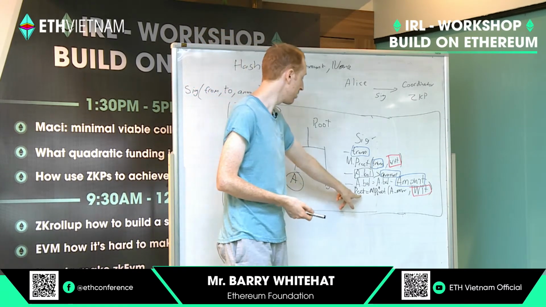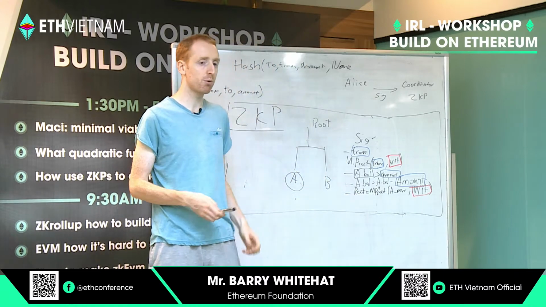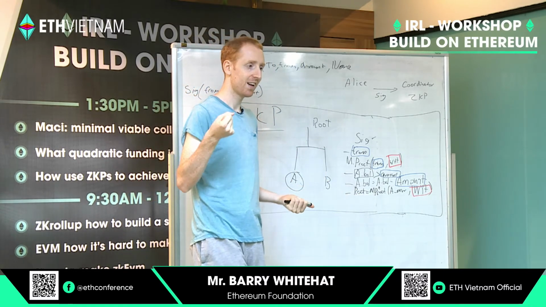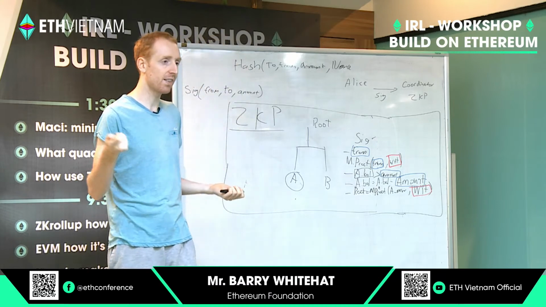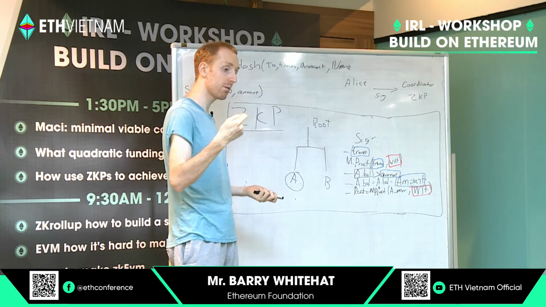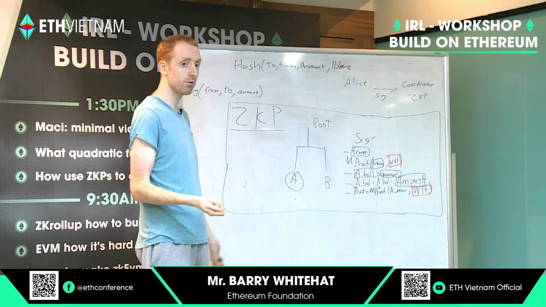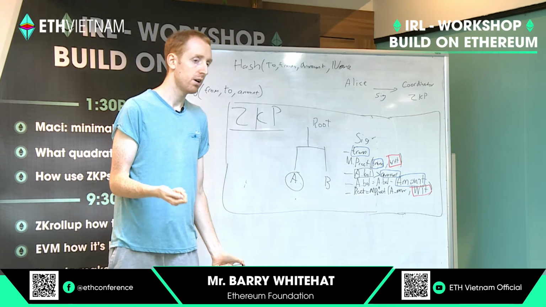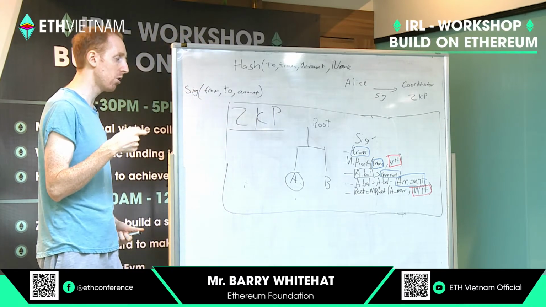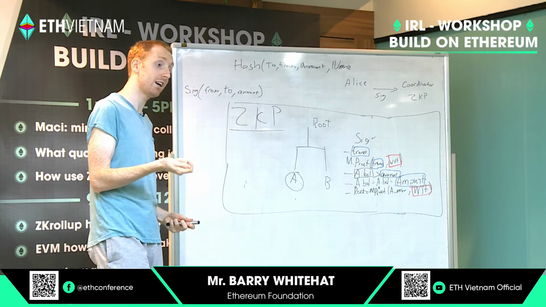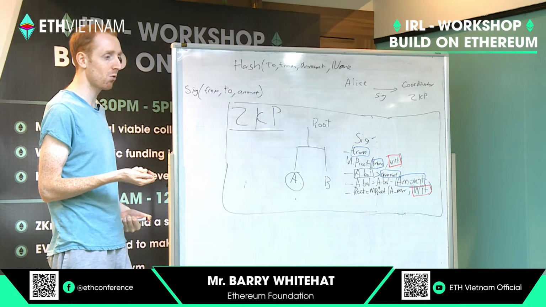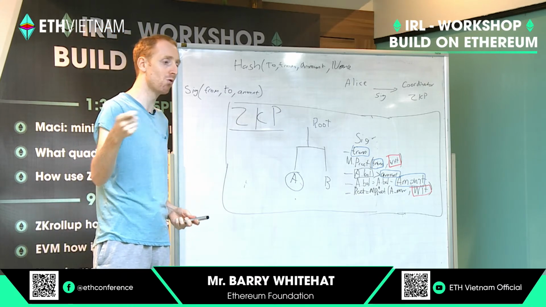We've updated the root and the prover has some money in their hand. Their responsibility is to give that to Bob because Bob is the recipient of this transaction. And it's really important that not only is the coordinator not able to steal from users, but also the coordinator is not able to remove money from users.